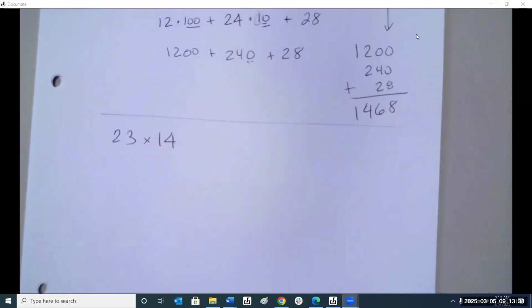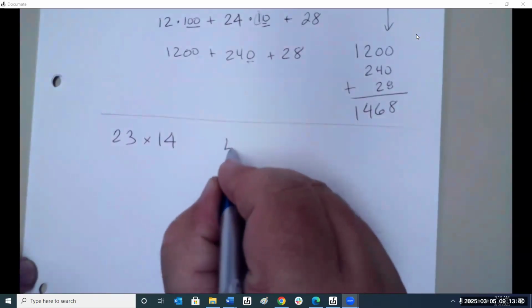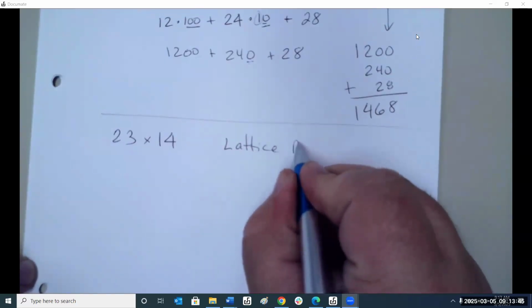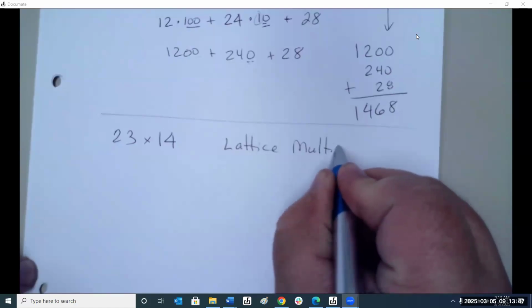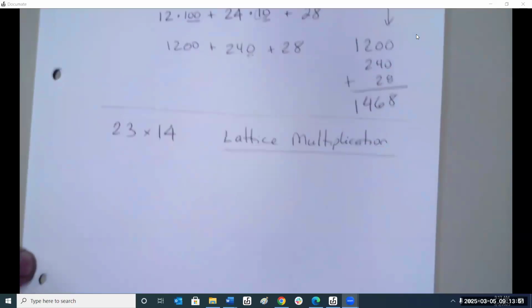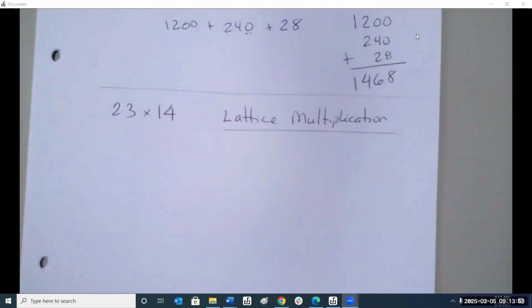There's another method. Remember when we did lattice addition? How that helped? We can use the same basic concept for multiplication.